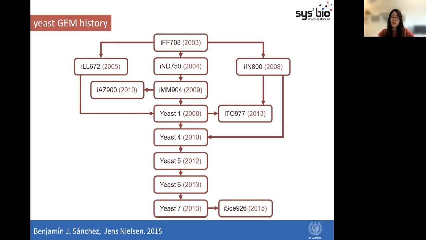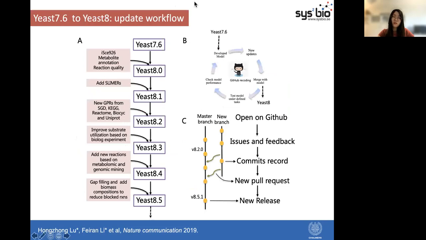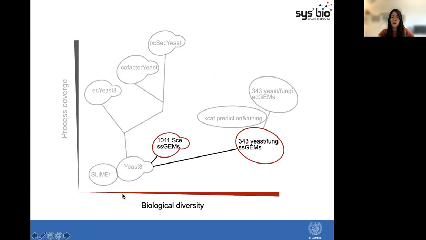That is because during these years, the knowledge for baking yeast has been growing rapidly. And we want to integrate all this newly acquired knowledge in the model. So we designed this new pipeline so that we can update Yeast 7 to the current version, Yeast 8, by adding new reactions and filling more gaps.